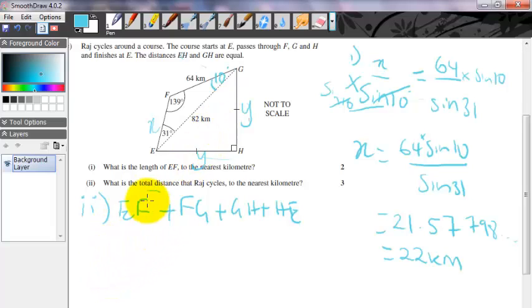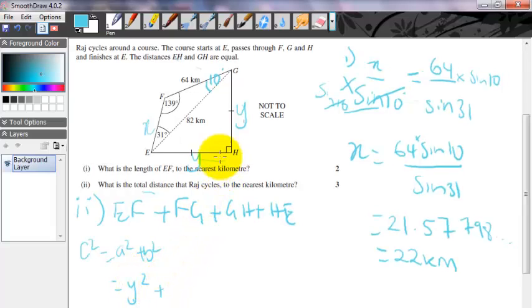If you remember, c squared is equal to a squared plus b squared. A squared is y squared, plus b squared, again y squared. And what's c squared? The hypotenuse, so 82 all squared.